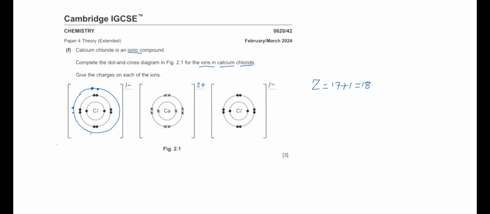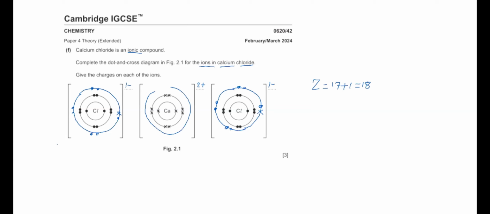There are 18 electrons in each chlorine, each chloride. Similarly, here there must be 18 electrons, and better to show one of them as a cross.